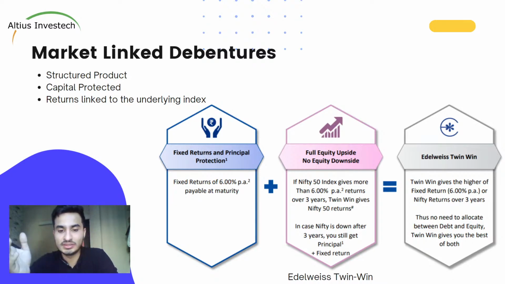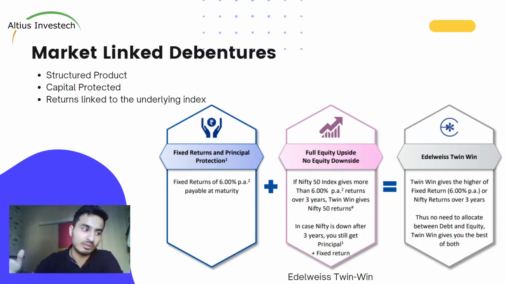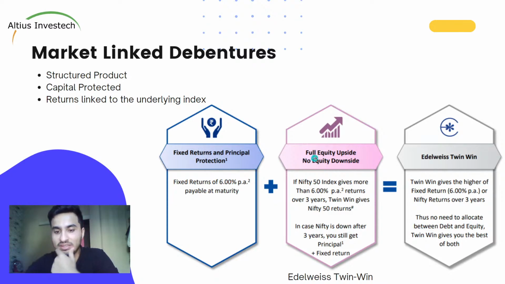So you either earn 6% in case the market hasn't performed well, and in case the market has performed well, you earn the returns that the market has actually fetched. In both cases, you are the one who benefits, and the minimum promised return on this investment is 6%.